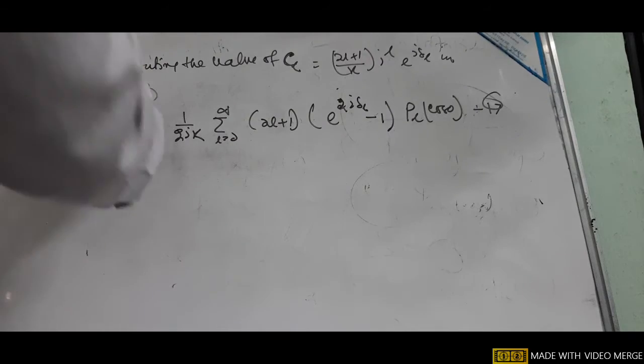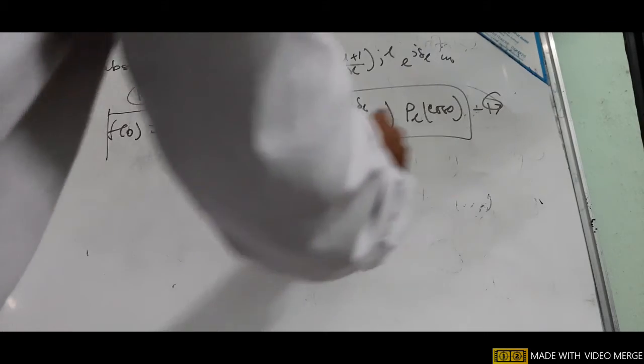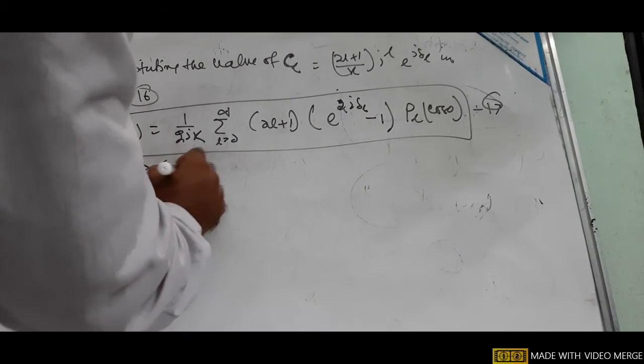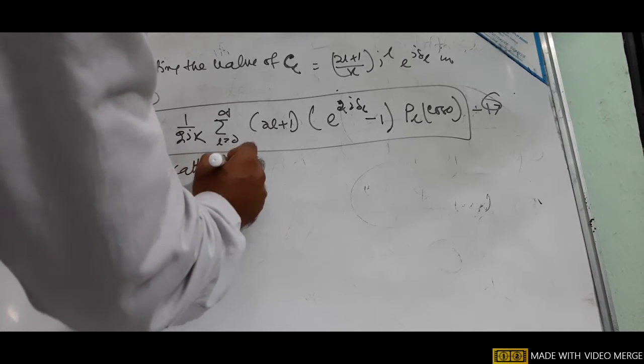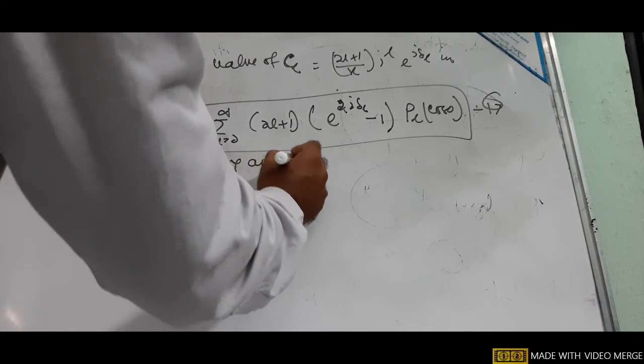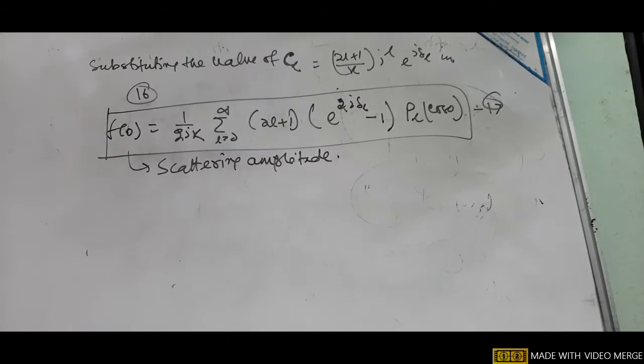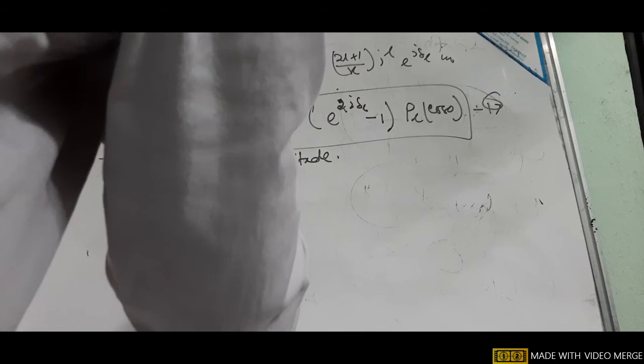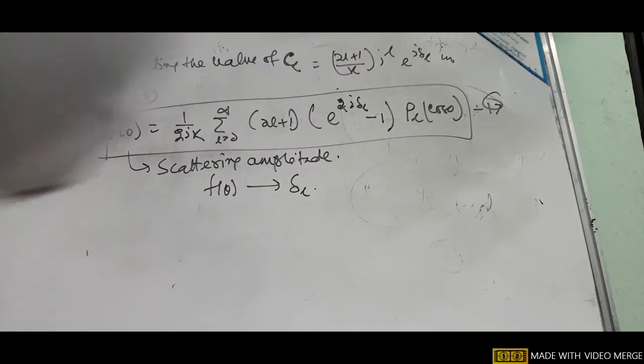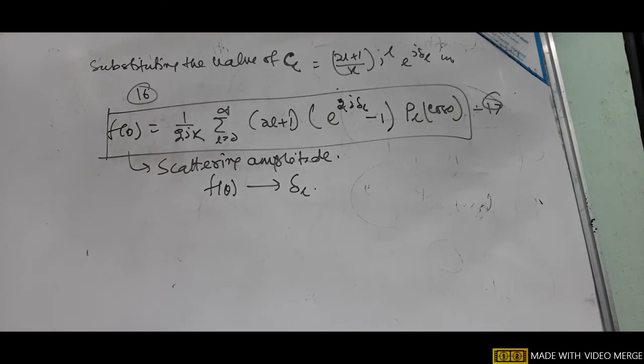If you put it in 16, then we get this equation. So this is the scattering amplitude f theta in terms of the phase shift delta L, that is the Lth partial wave expansion.